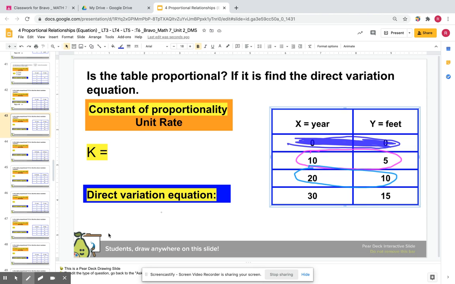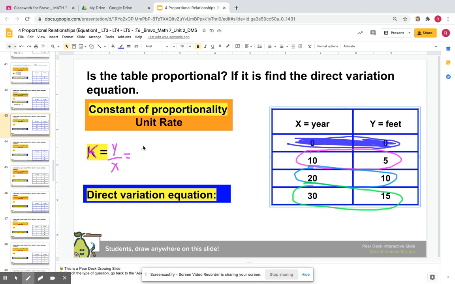I can find the constant of proportionality from the points 30, 15, because it's proportional. No matter what set of points I pick, I should get the same value of k. So looking at the purple set of points, k is equal to y over x.